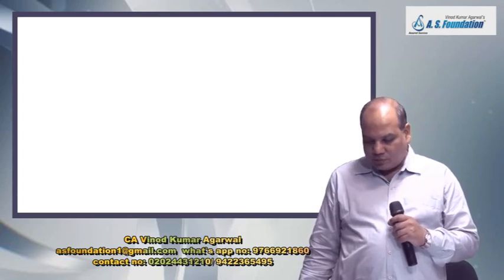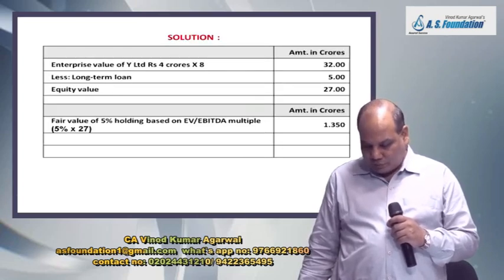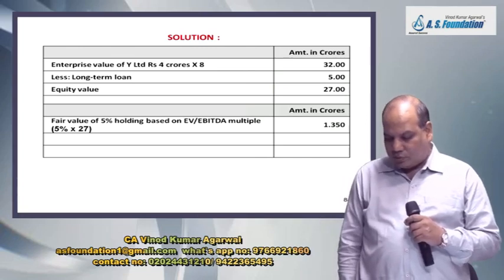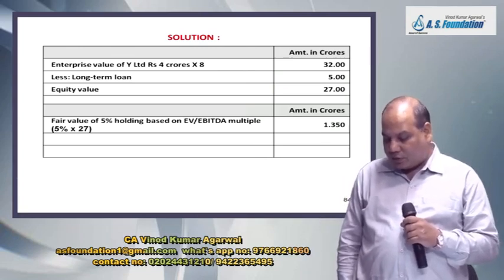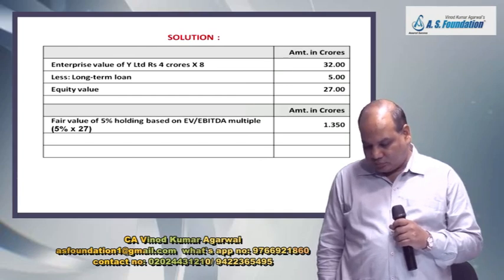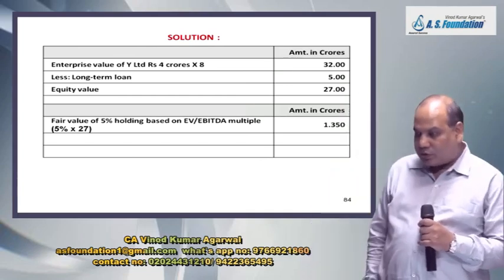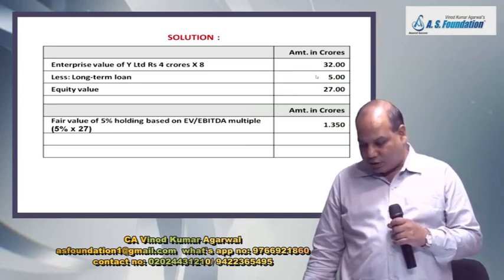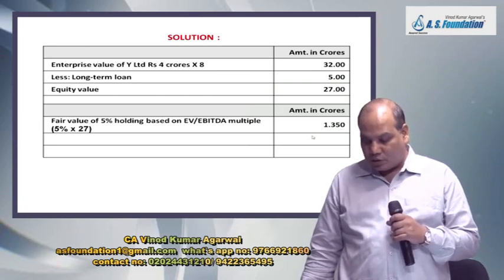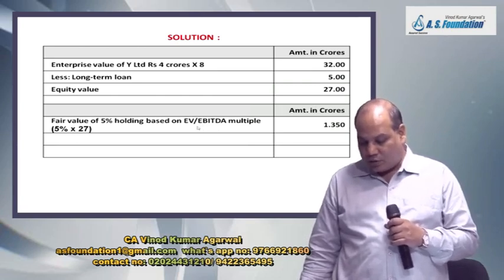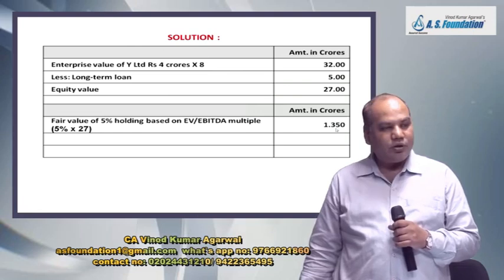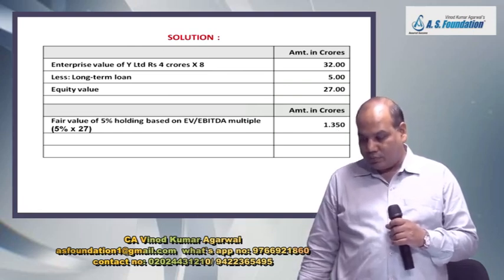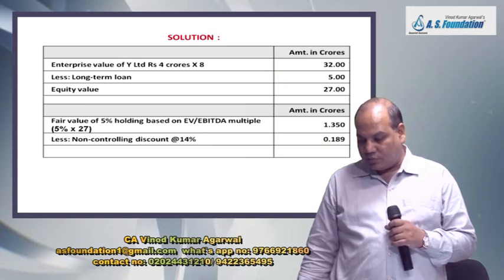Equity value 27. Point number D, fair value of 5% holding. You continue in your notebook. Fair value of 5% holding based on EV EBITDA multiple is 5% of 27, 1.350. But one more adjustment you will have to do.